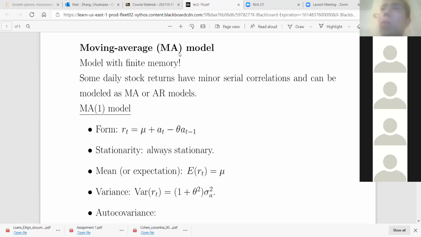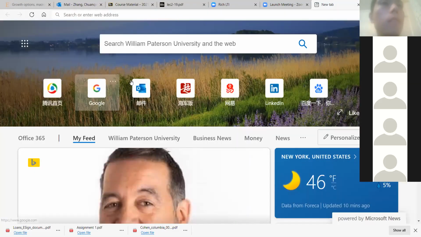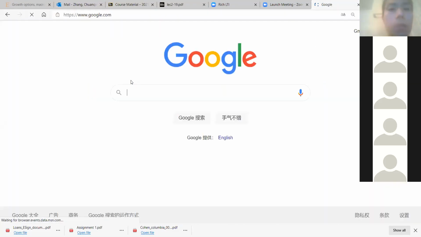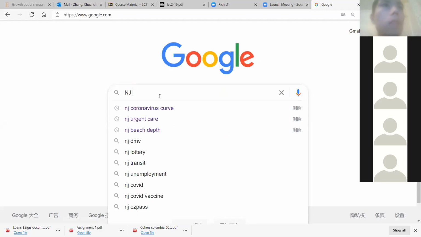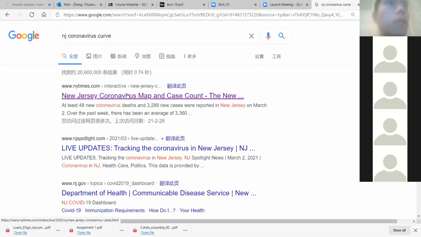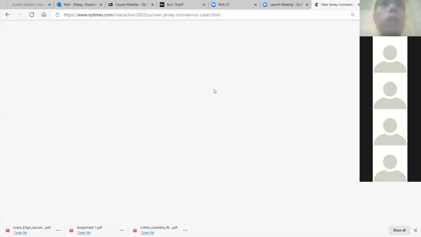If you remember the pandemic, for example COVID, if you look at the COVID data for New Jersey, they always report a moving average estimate, right? Let me give some examples.